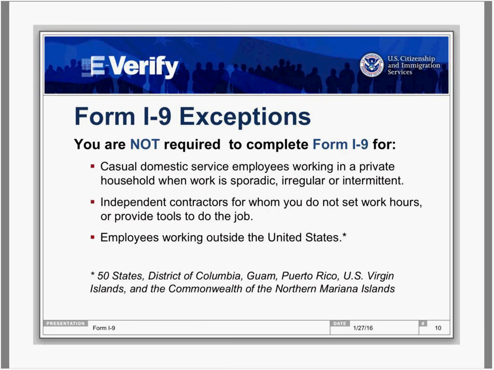You're required to complete an I-9 for these individuals on the slide here. Talking about that second comment there, the independent contractors with set work hours, we're not just talking about a construction firm that comes to your home or your building to build an addition onto your home, et cetera. Many firms today hire individuals and consider them contractors.